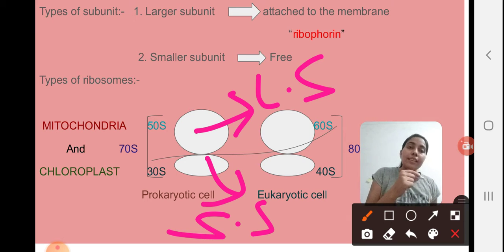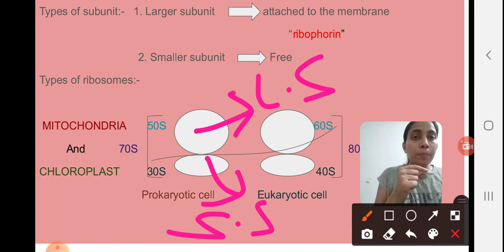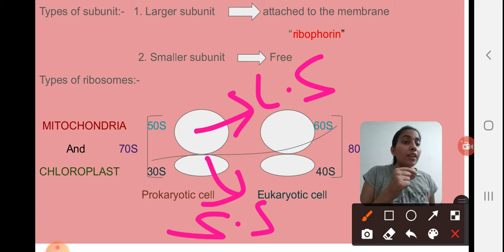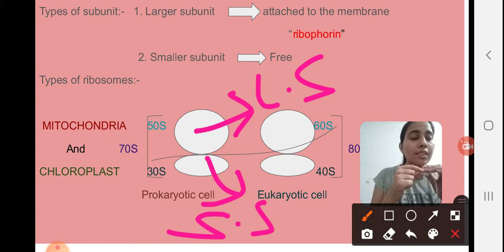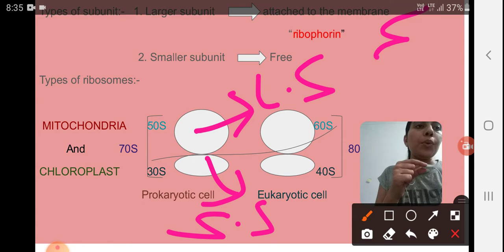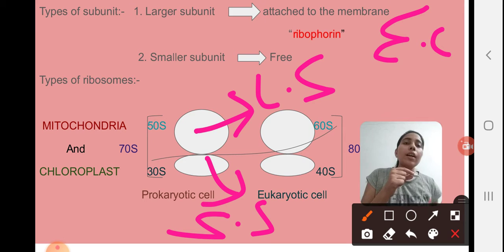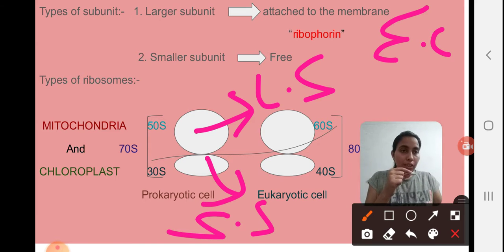The larger subunit is attached to the membrane, which means it is the bound ribosome, and it is present on the endoplasmic reticulum surface and also the nuclear membrane surface. It is basically present in the eukaryotic cell. The smaller subunit is freely found in the cell cytoplasm.